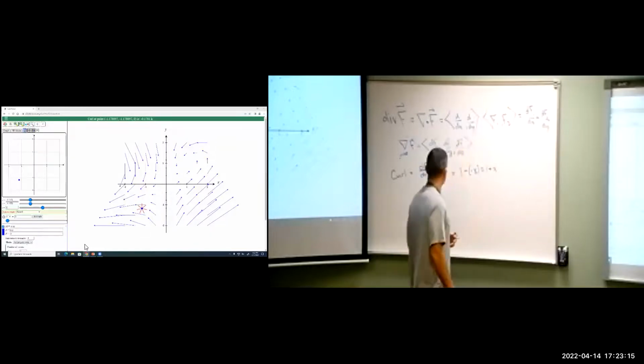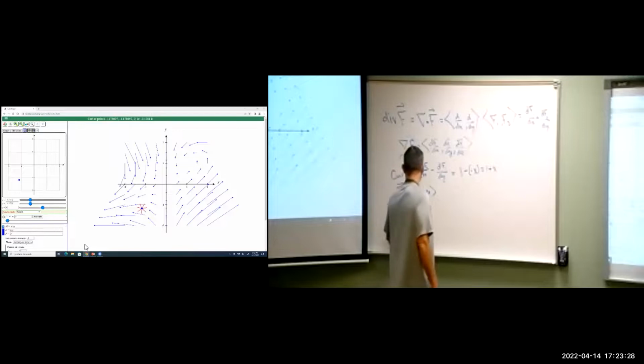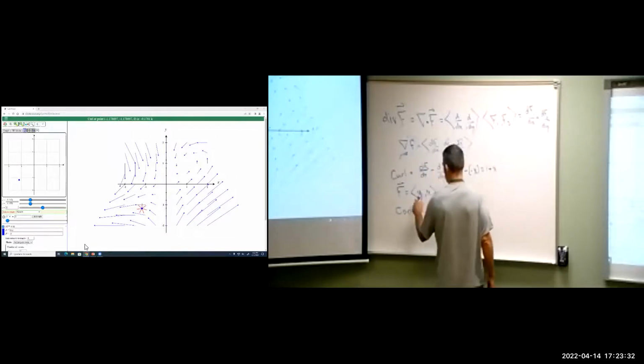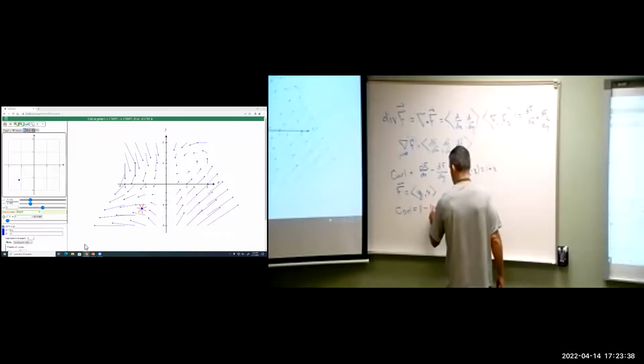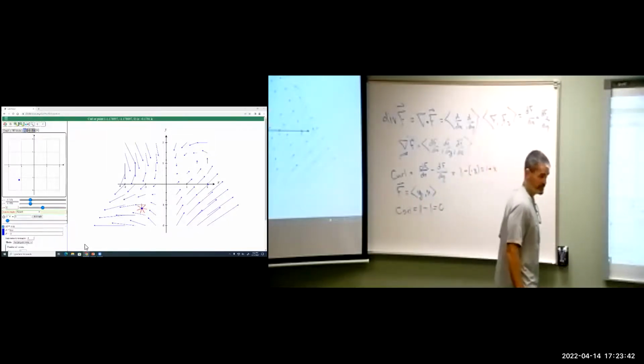In fact, here's a vector field we looked at last time, y, x. If we calculate its curl, well, df2/dx is going to be 1 minus df1/dy, which is 1. This has a curl of 0 everywhere. That's its general curl. All right, well, let's see.